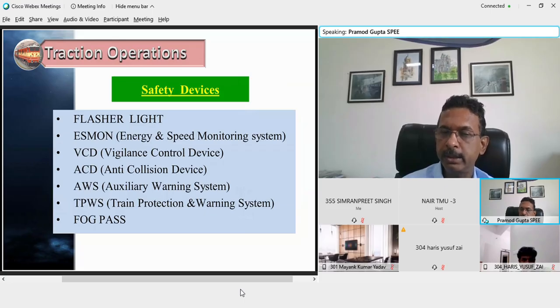So these are the six different safety devices which are provided in the locomotive. In the subsequent slides, I will explain the brief function of each and every device, and I will also try to show some of these cameras and some of the block diagrams regarding their operation in the system.